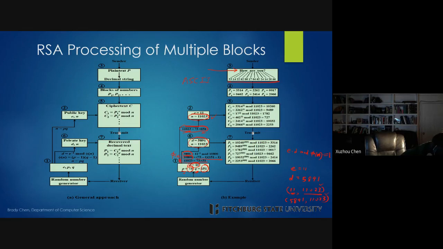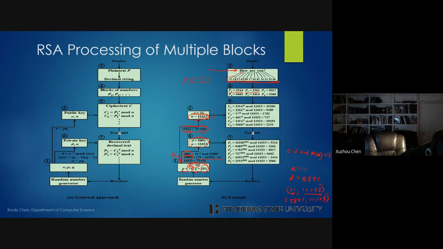Now if n is this number, for this long number I can combine every two digits. So 3314, that's basically the first one, P1. And the second one, 2262, that's P2. Now P3 is 0011.